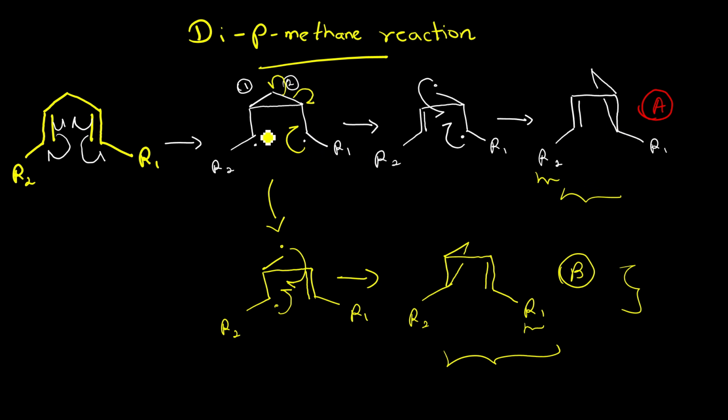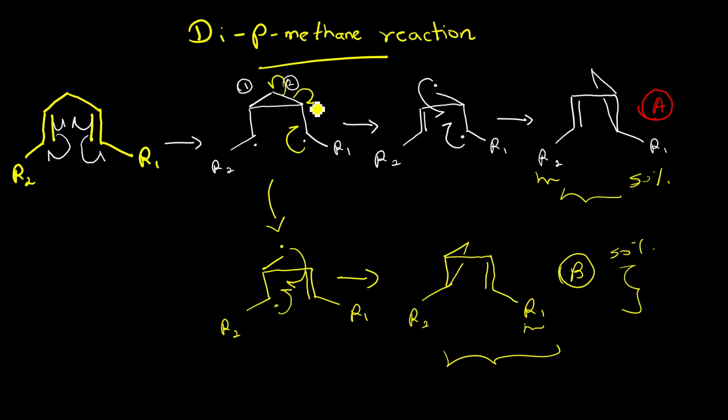In this case, you can say that mostly these two bonds are the same strength-wise. So we would have a 50% ratio, 50% of this and 50% of this. Mostly, but it can vary.